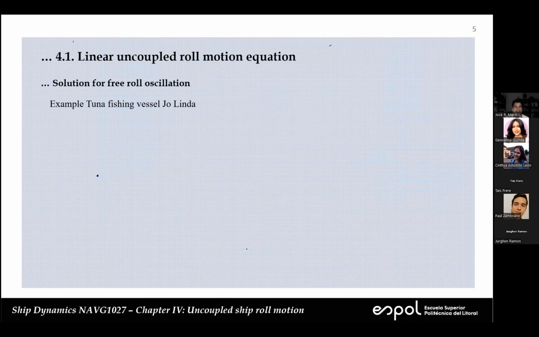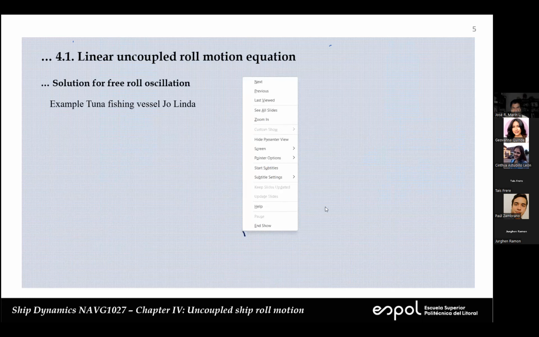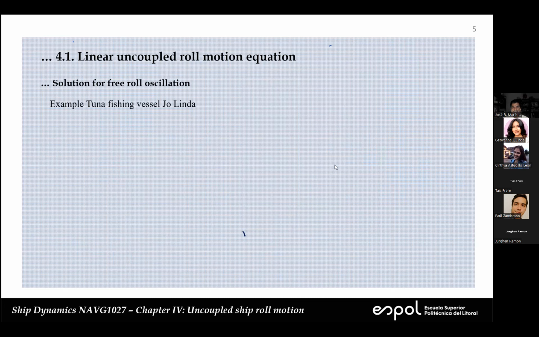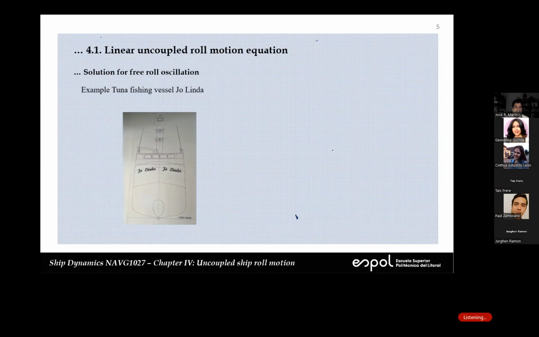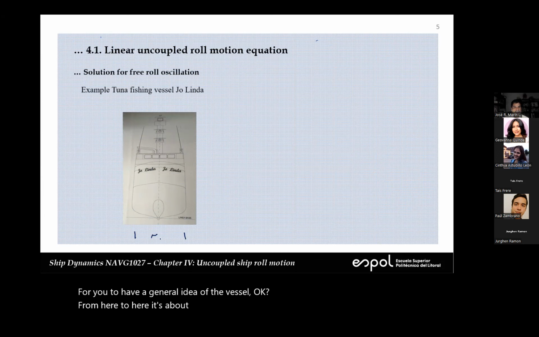I did this for the case of the Yolinda, and I'm going to show you these results. For you to have a general idea of the vessel, from here to here, it's about 9 meters. Can you see that this is the main deck?